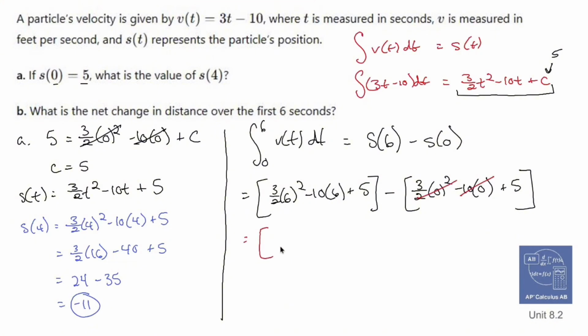That's going to be 3 halves of 36 minus 60 plus 5 minus 5. So 3 halves of 36 is 18 times 3, which is 54. 54 minus 60 is going to be negative 6.